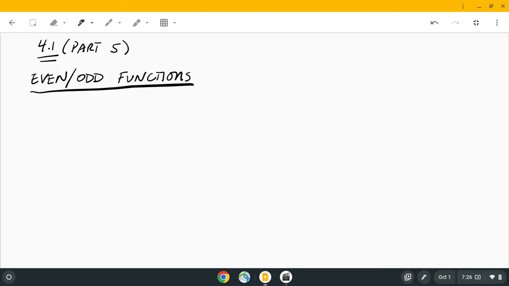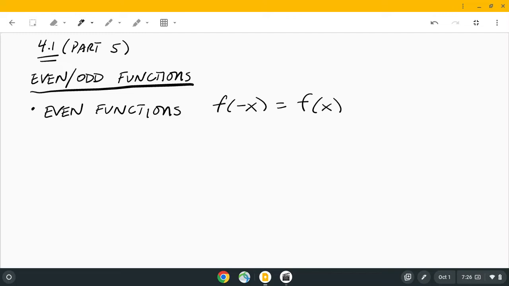Let's just recall what even functions are. Maybe you learned about even and odd functions in a previous math class. For even functions, if you do f of negative x, whatever you get when you plug in negative x, you get the same thing when you plug in positive x.